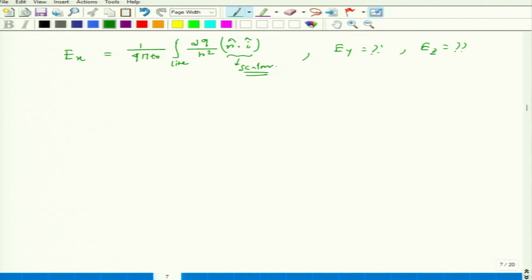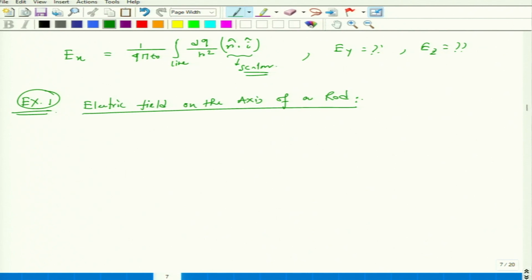Let us do one example and it becomes more clear. Example 1: we calculate the electric field on the axis of a rod. Again we consider a rod.